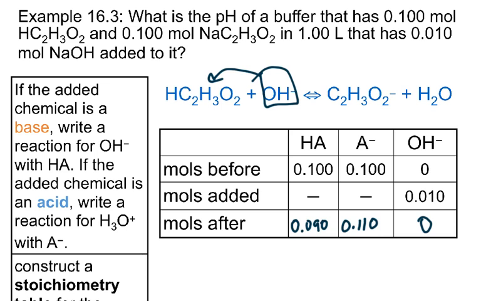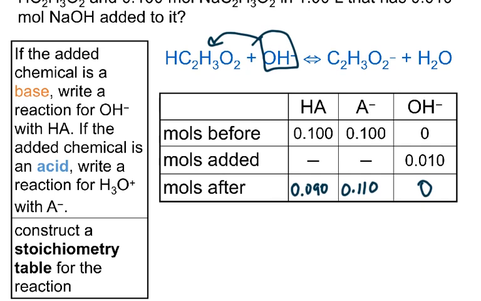So when you've added a strong acid or base to a buffer, you have to react it with what's around, get rid of the strong stuff, and then figure out what your new concentrations are. So now we are left with new concentrations that we can just plug into our Henderson-Hasselbalch equation.